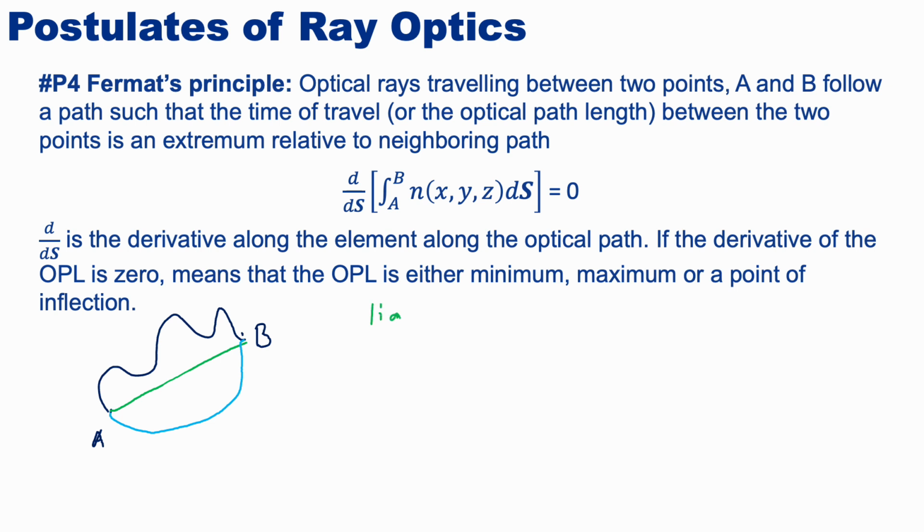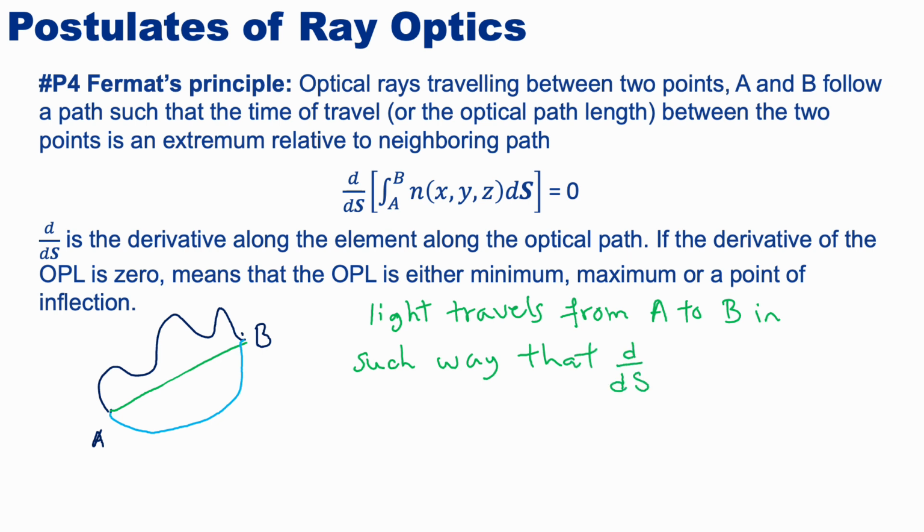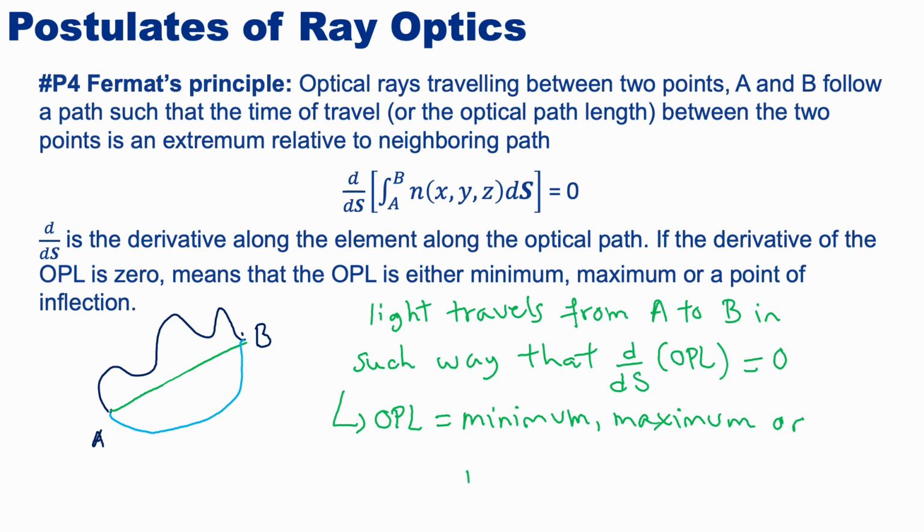That tells us that light travels from A to B following a path for which the derivative of the optical path length is 0. That imposes conditions on the optical path length: it can be a minimum, a maximum, or a point of inflection.